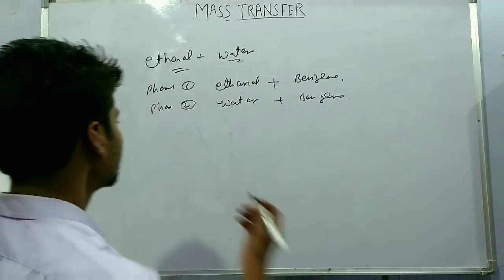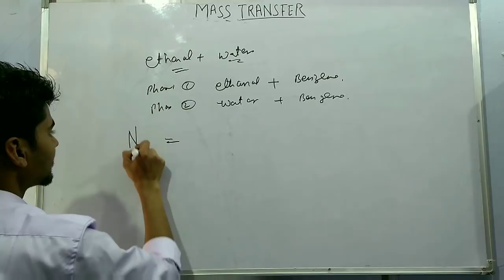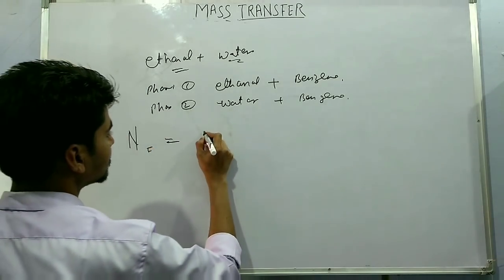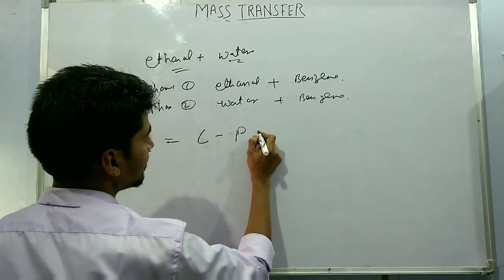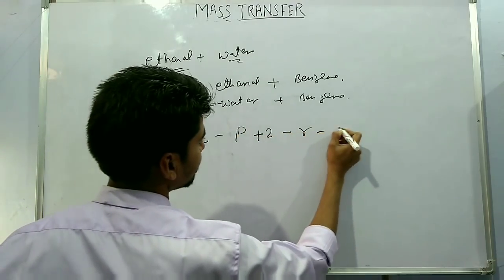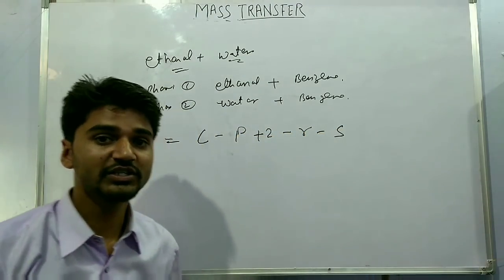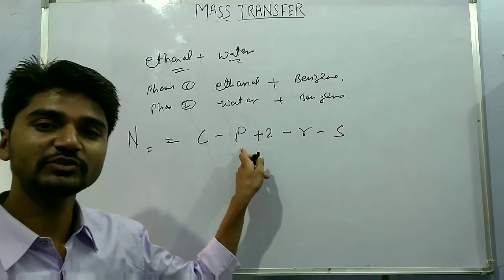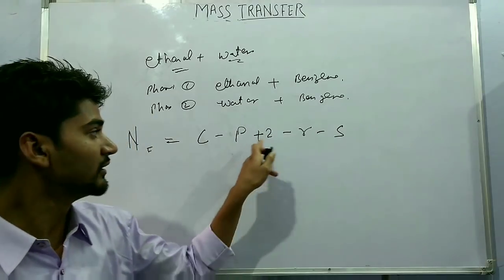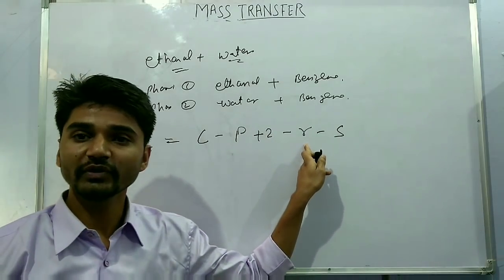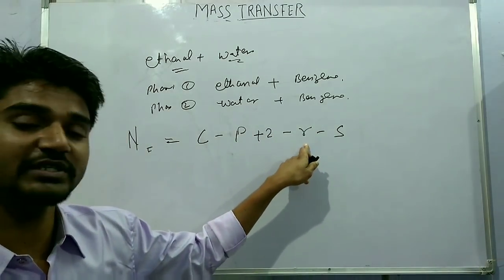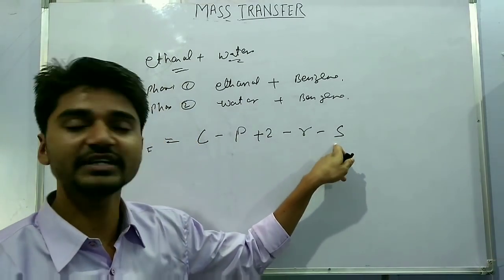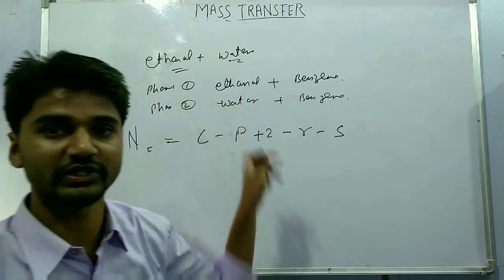The most general relation for degree of freedom is NF equals C minus P plus 2 minus R minus S, where C corresponds to the number of components present in the system, P corresponds to the number of phases, R corresponds to the number of independent reactions taking place in the system, and S is the special constraint that is generated here due to the azeotropic mixture.